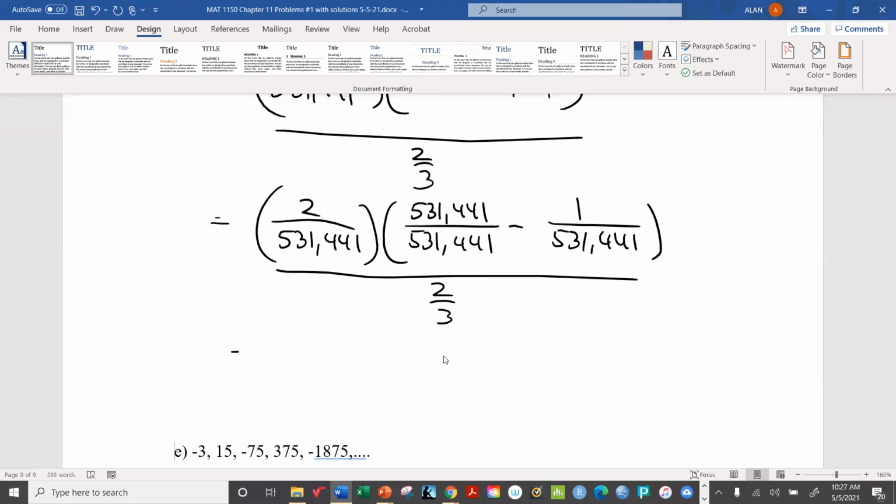Okay, so now it's a little bit easier to consolidate these.